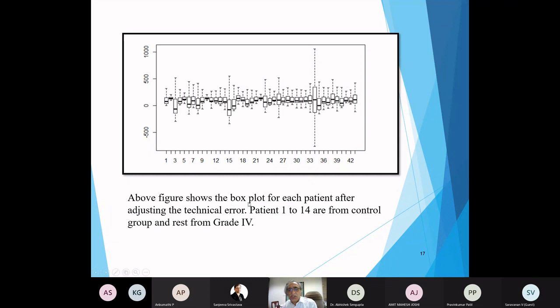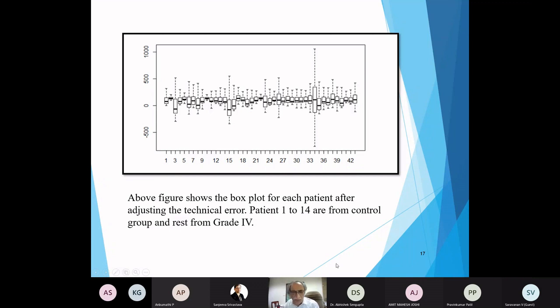The above figure shows the box plot for each patient after adjusting the technical error. Patients 1 through 14 are from the control group. They're healthy, and the rest are from grade 4. So now I think you know what this plot stands for.